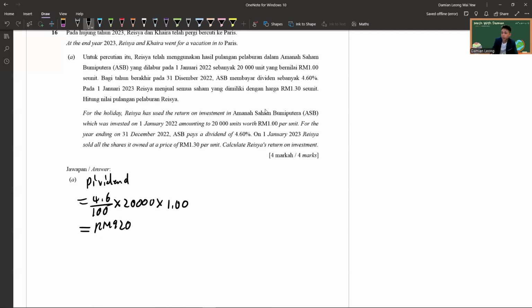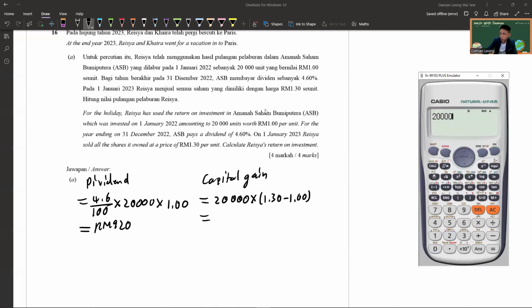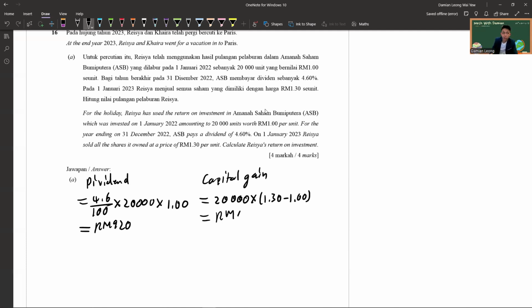Then the capital gain from selling the shares would be 20,000 units times each unit's profit, selling price minus cost price. Means 20,000 times 0.3, which is 6,000 ringgit.